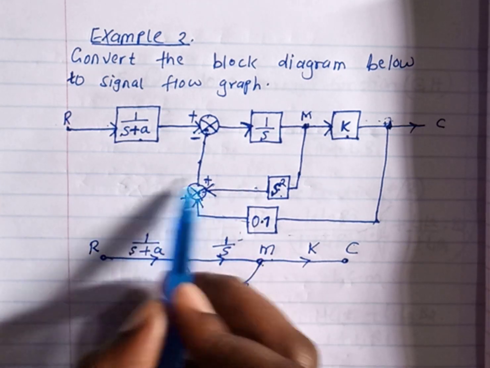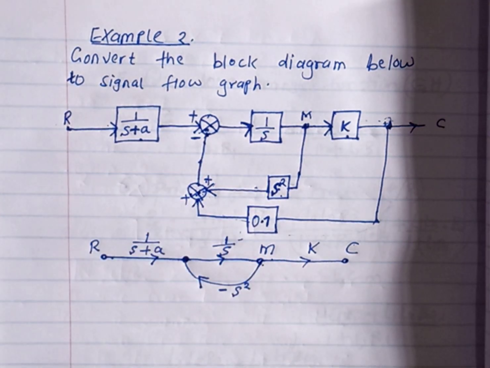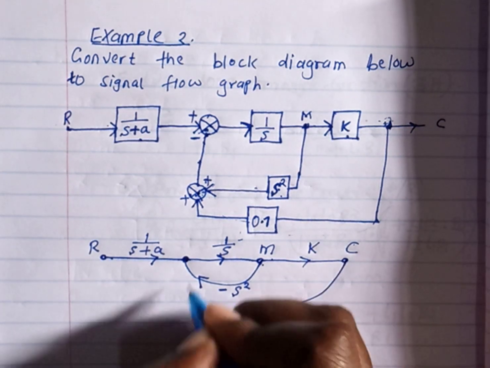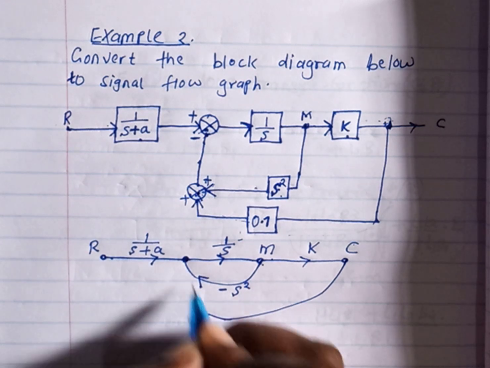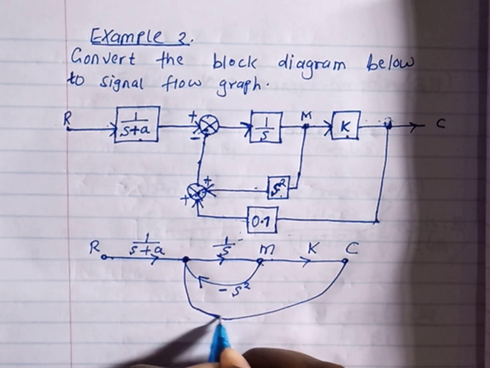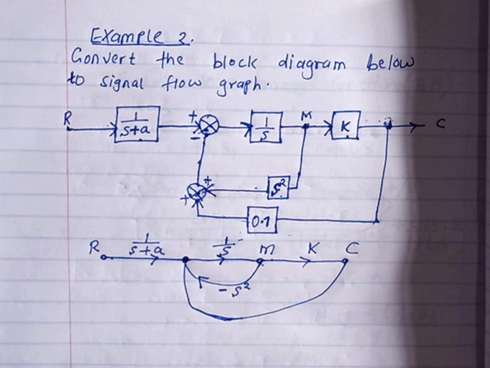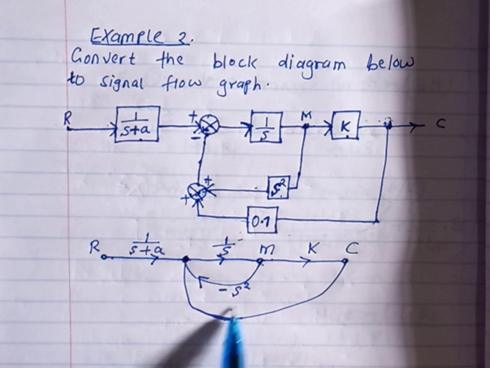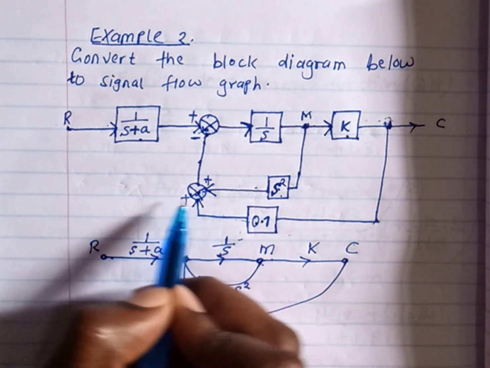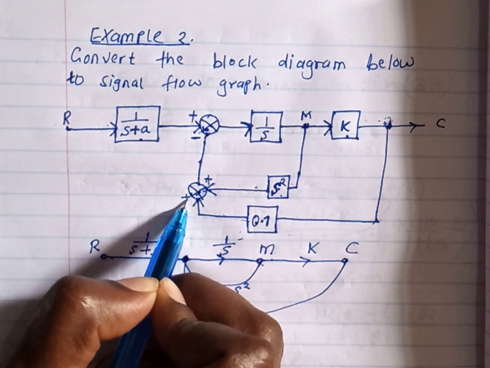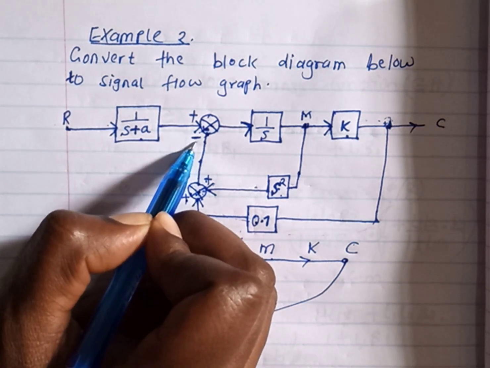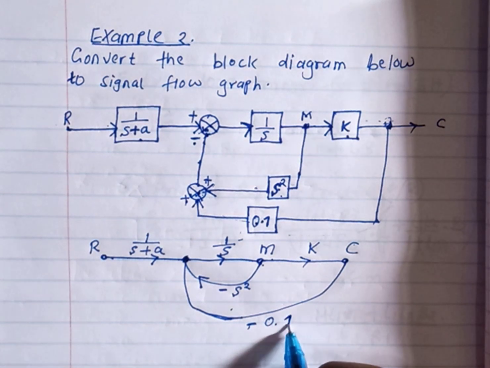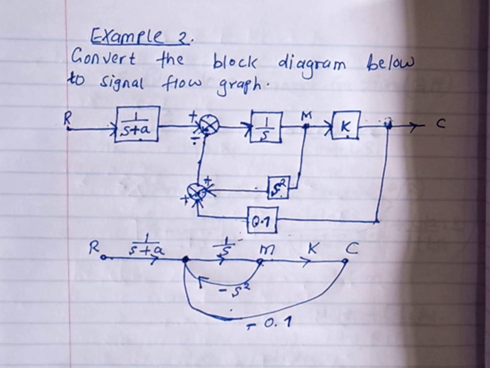So instead of having this summing point here, just combine them, so that from that output to the initial summing point, I'll have my 0.1. And of course, in this summing point it is positive, when it comes to this summing point it becomes minus. So I'll have minus 0.1.